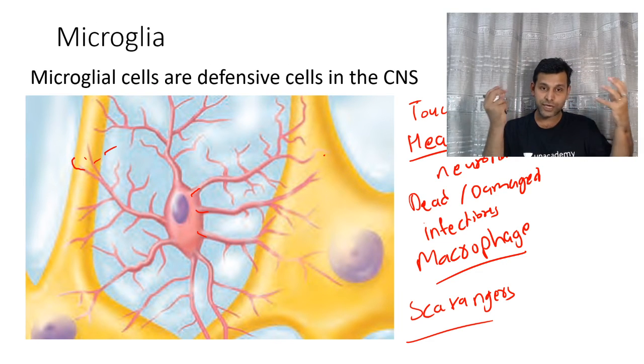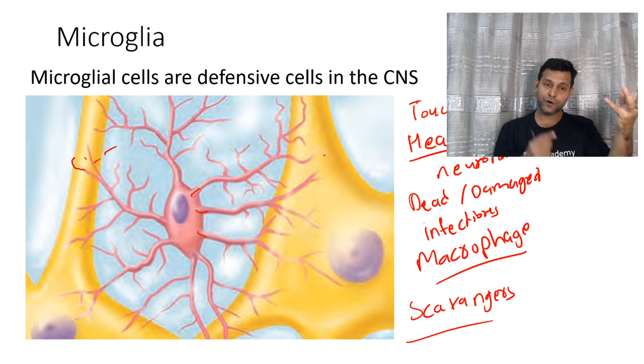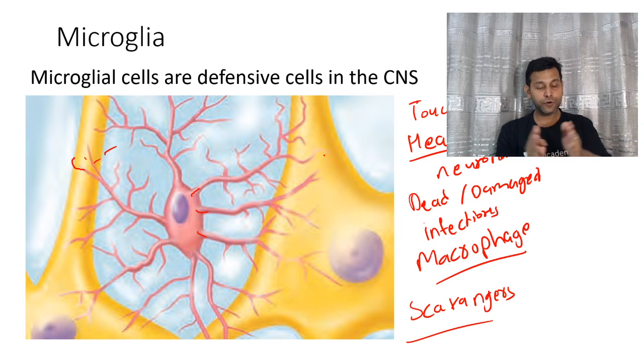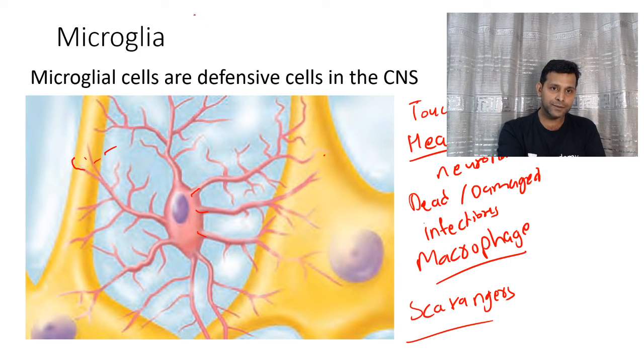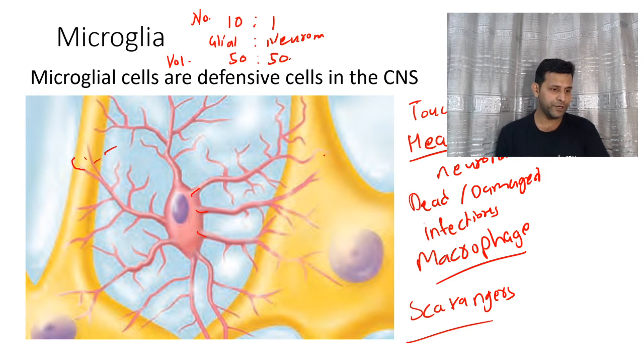So although the ratio is 10:1 by number, volume-wise they have a 50-50 ratio. I hope you got this point, Ketki. The 50-50 is by volume and 10:1 is by the number of cells.